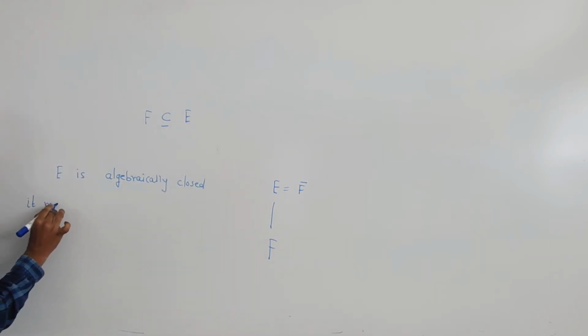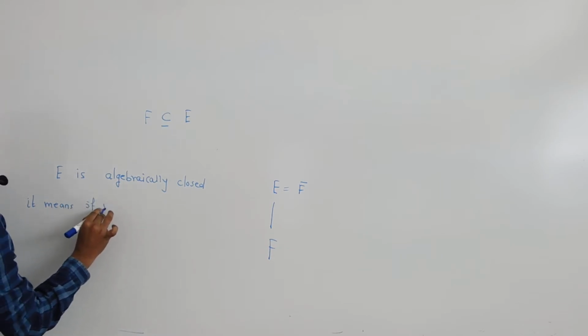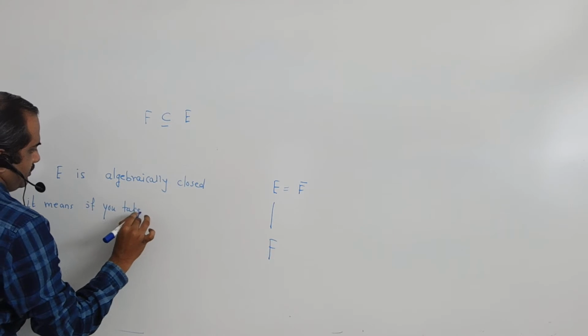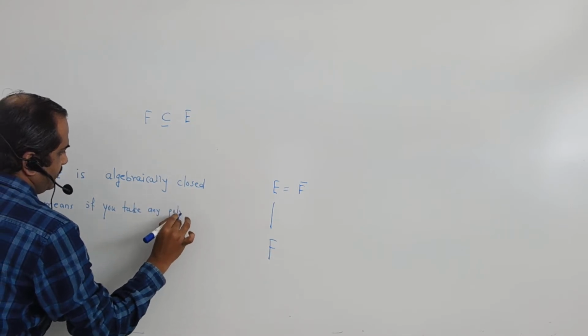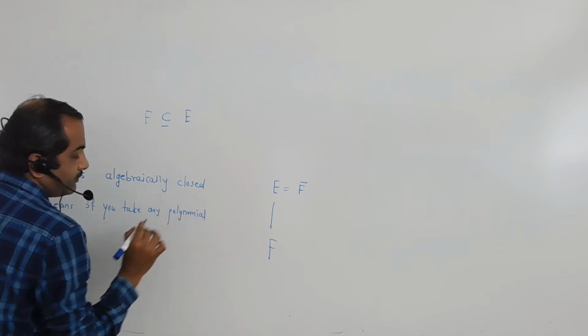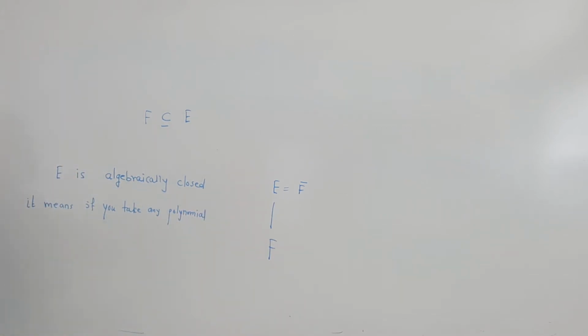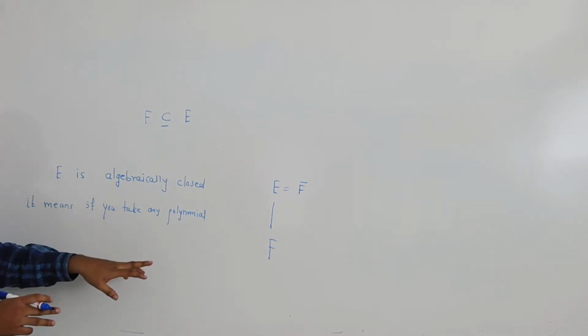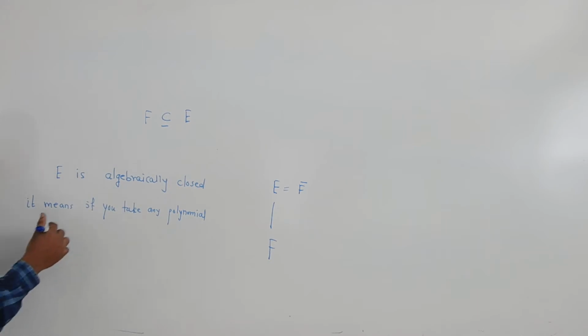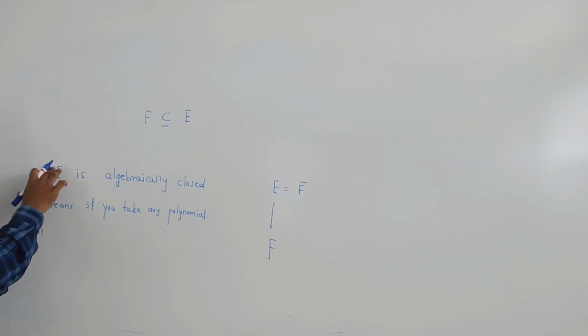It means any polynomial f of x over F, the roots of that polynomial lie in E. Once you have a polynomial over F, it is a polynomial over E. So if you take any polynomial f of x over E, f of x completely splits into E. So you cannot extend E further. That is the thing.